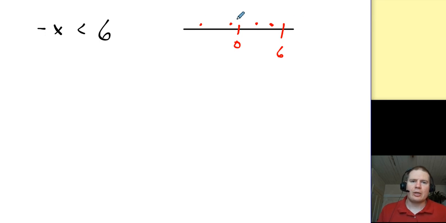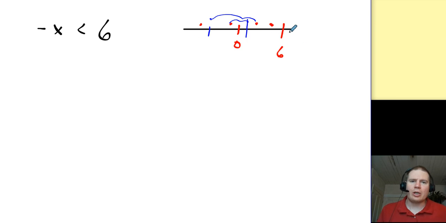Well, if this is the opposite of x, then x has to be bounced over the number line. That's where x was. If this was the opposite of x, I have to bounce that over the number line, and I get over here for the original x.